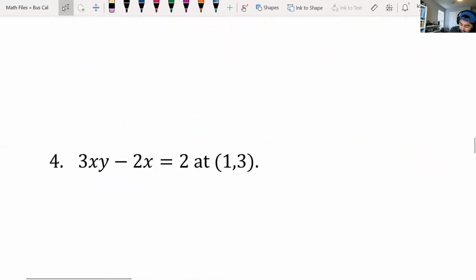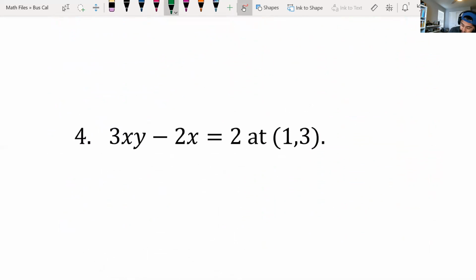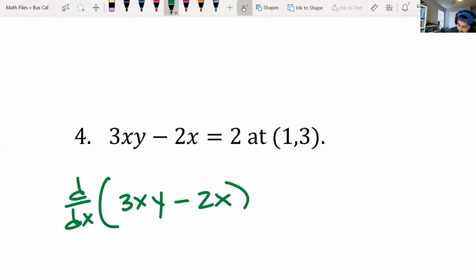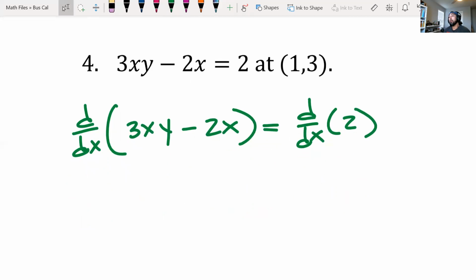Next one. Do it again. This one's going to take a little bit of work, though. So here we're going to say d over dx of 3xy minus 2x equal to d over dx of 2. Okay. So since this is implicit, this means x and y are their own functions.